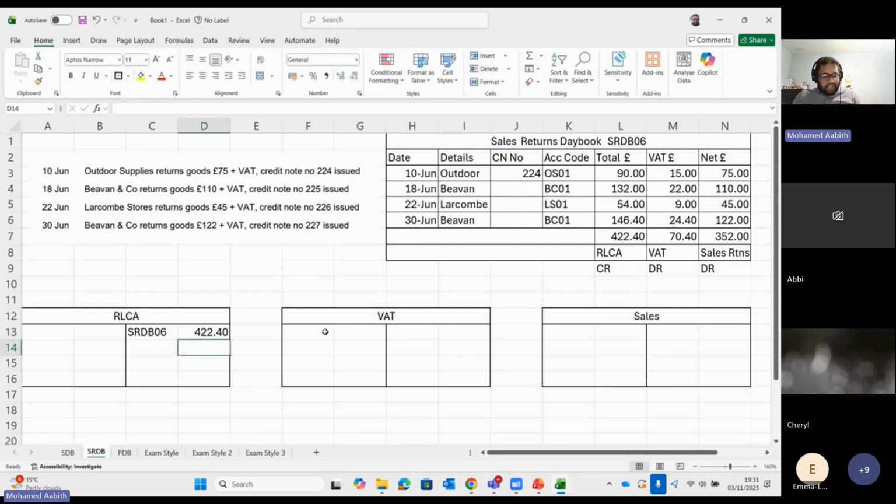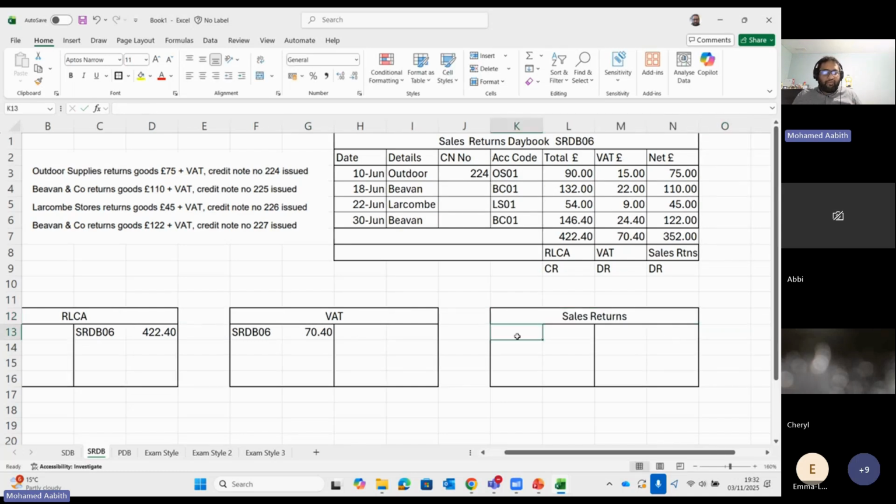Then in this scenario, SRDB 06 equal to that number there, and then sales will be a sales returns account, and this one will be a debit entry SRDB 06, and for the value of that number. Again, can you notice if you add these 2 numbers, you should be getting that number there.